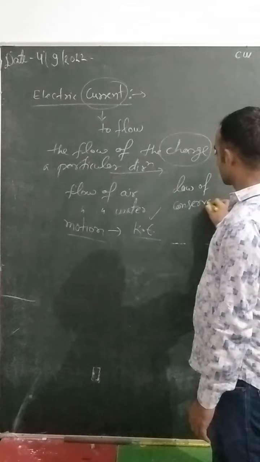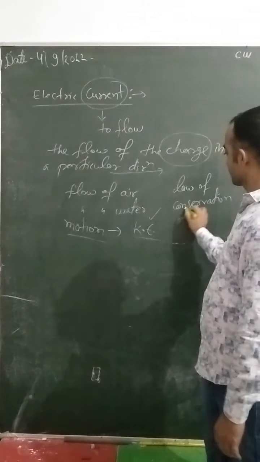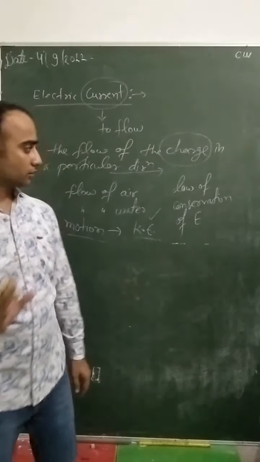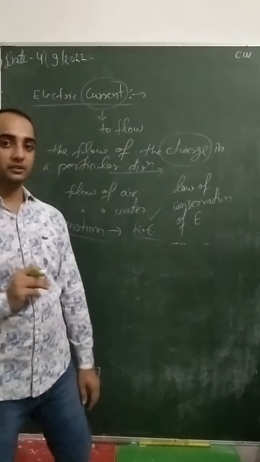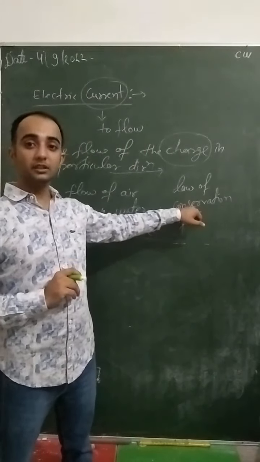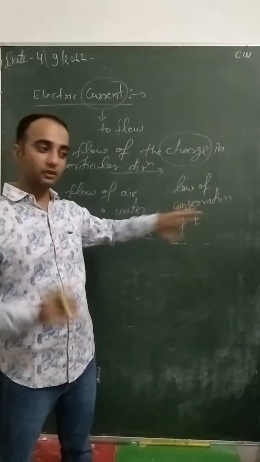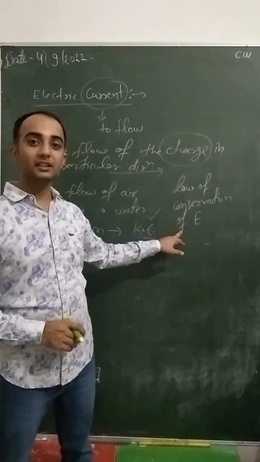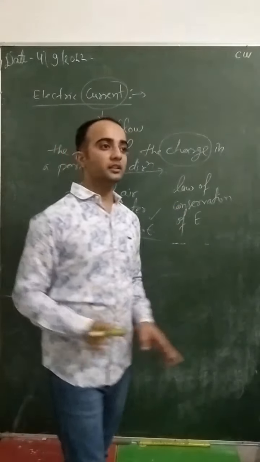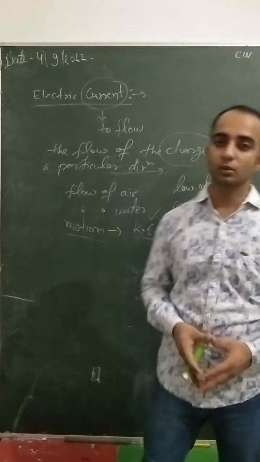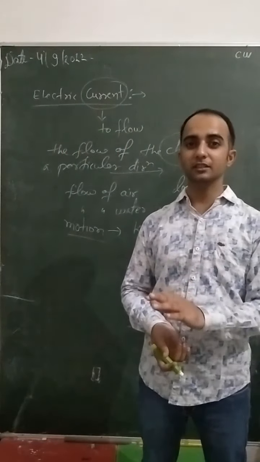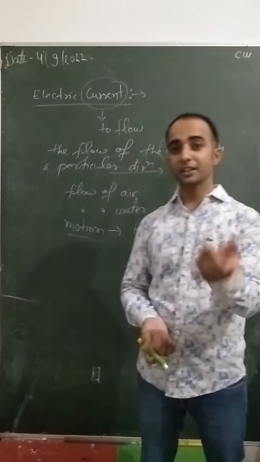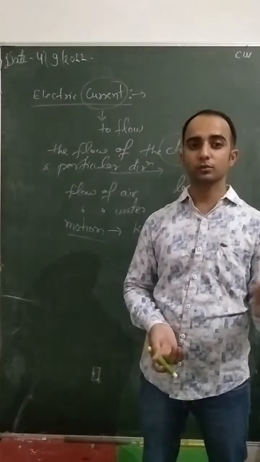There are various conservation laws. You have studied about all conservations: if we use the word conservation with any quantity, that quantity becomes constant. So the law of conservation of energy means total energy is always conserved, always constant, and energy can neither be created nor destroyed, but it can only be transferred from one form to another.